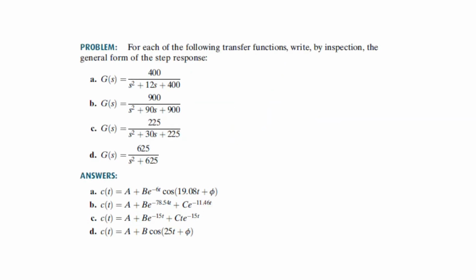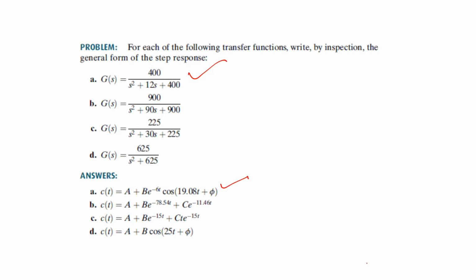Now some transfer functions are given, which you have to do at your own end. So four transfer functions are given. From these you can find out the responses, as the answers are also given. As you can see in the first case, we will have two complex poles, and its answer would be like that.